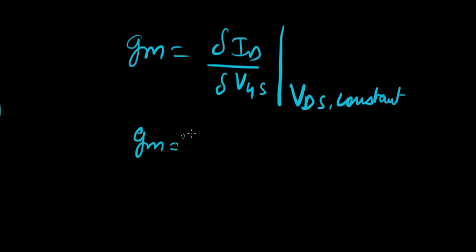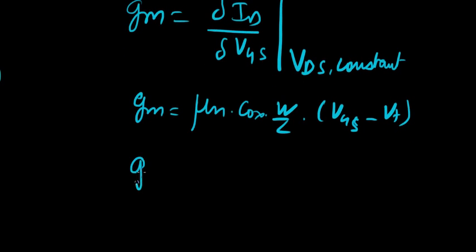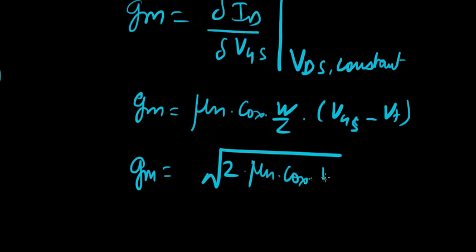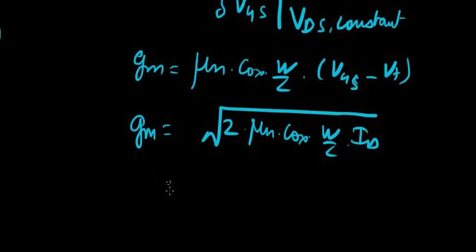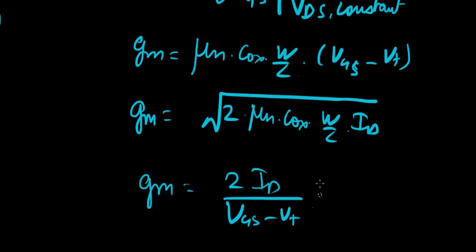GM is also equal to mu n times Cox times W over L times VGS minus VT. Forgive me for my bad handwriting, please. GM is also equal to root of 2 times mu n times Cox times W over L times ID. GM is also equal to 2 times ID over VGS minus VT.